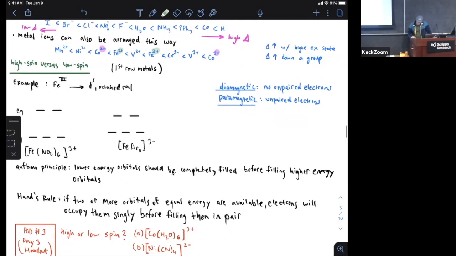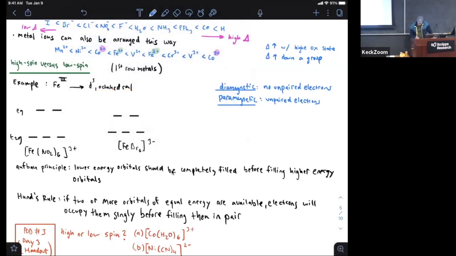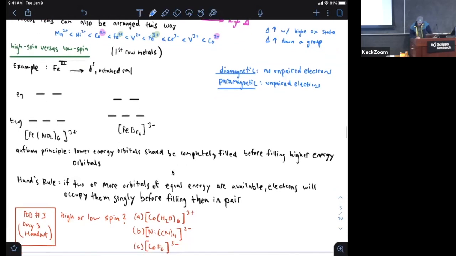And so let's apply this now to a given case study, that of d5 iron 3 which has an octahedral geometry.